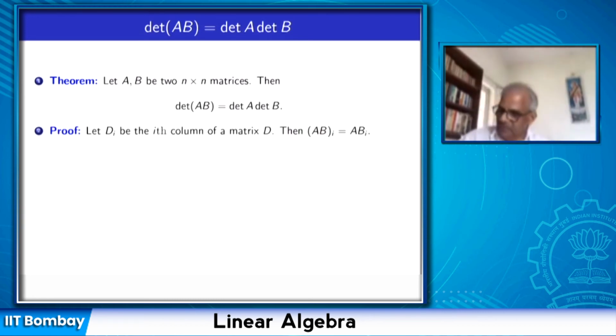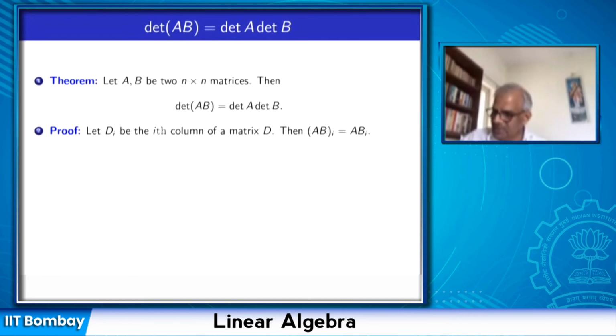So we know this fact from multiplication of matrices: if I want to multiply two matrices A and B, then the ith column of AB is obtained by multiplying A with the ith column of B. This fact I proved earlier.